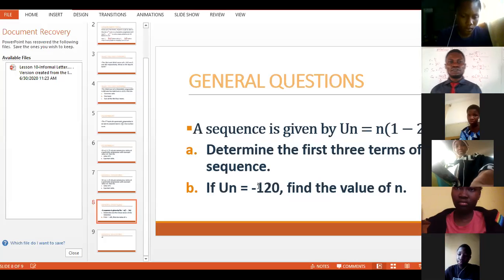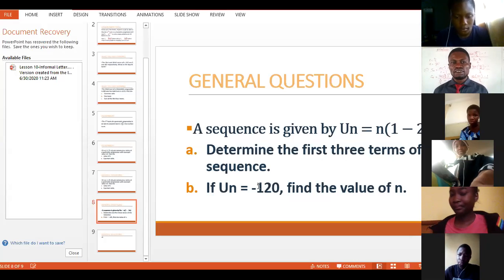Now, first question here again, it says the sequence is given by Un is equal to n into 1 minus 2n. Determine the first 3 terms of the sequence.